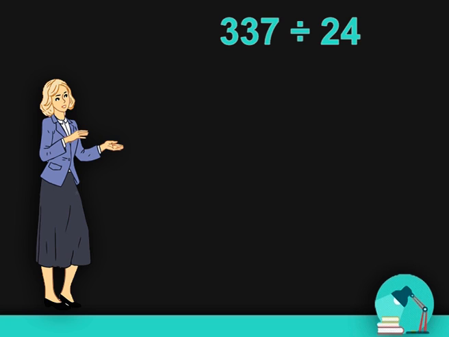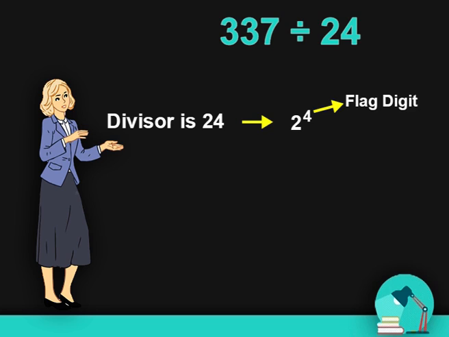Divide 337 by 24. When the divisor is written down, the unit place digit will be written on the top of the other digits of the divisor, making the rightmost digit a flag. The divisor in this question is 24 and it is written as 2 with 4 on top in the flag position.